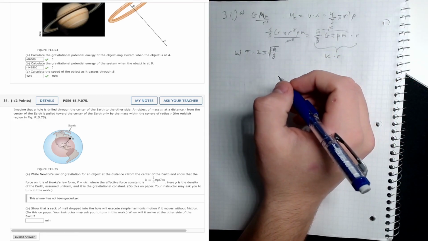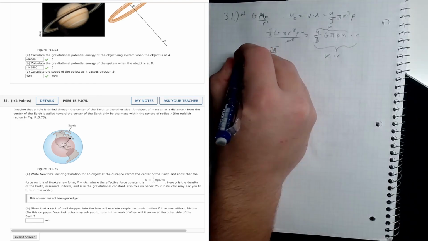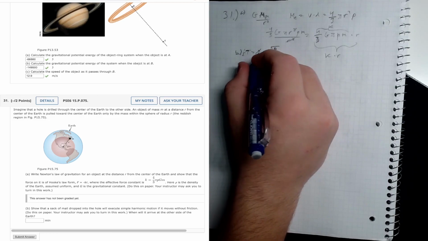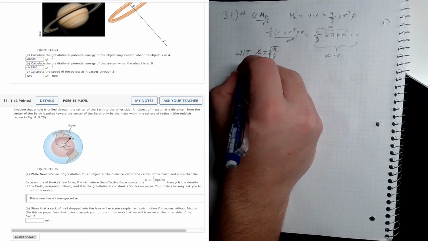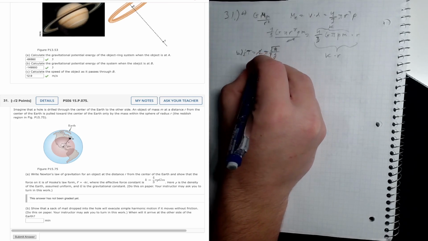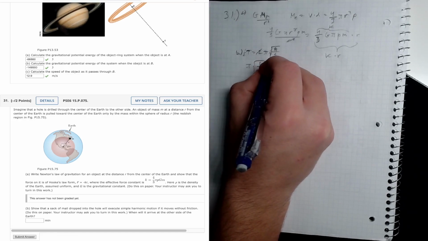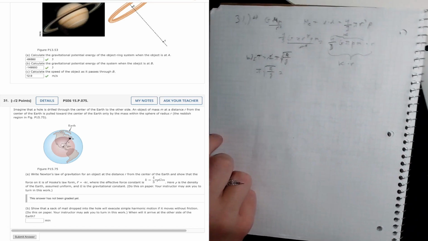Period. We're going to take half the period, so half T. And now we just take pi times the square root of r over g equals, almost pulled the phone, it's not a calculator.